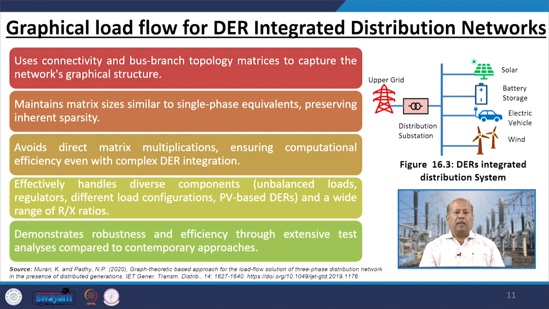So, it majorly avoids the classical approach of multiplication and inversion, and efficiently handles diverse components, that is unbalanced loads, regulators, different load configurations, PV based DRs, and a wide range of R by X ratios. Graphical load flow analysis also demonstrates robustness and efficiency through extensive test analysis compared to contemporary approaches.